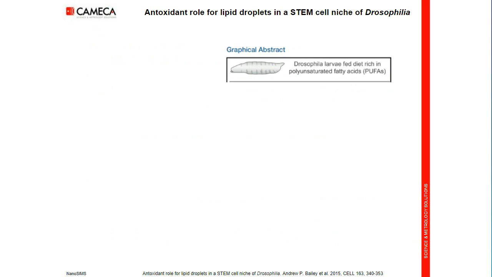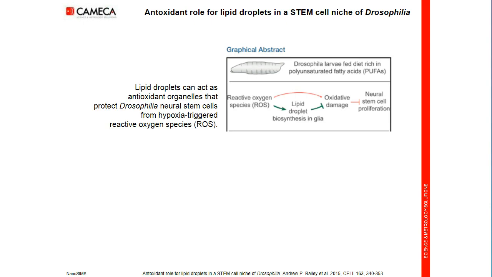This next example in the lipid field will be taken from the article published by Andrew Bailey in Cell in 2015. So, in very short, lipid droplets can act as antioxidant organelles that protect Drosophila neural stem cells from hypoxia-triggered reactive oxygen species, ROS.